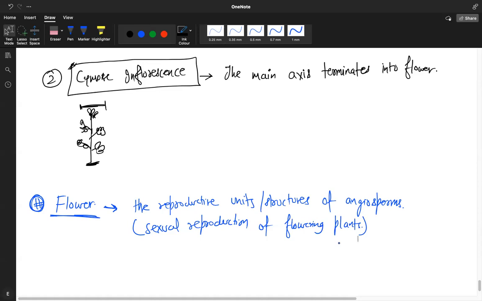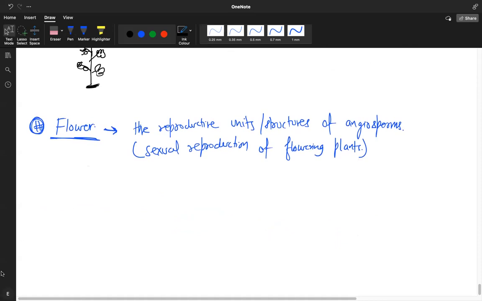Now, if you look carefully at a flower, every flower has around 4 layers. Have you ever observed a flower? Iram and Aisha, have you observed a flower? Yes. Okay.